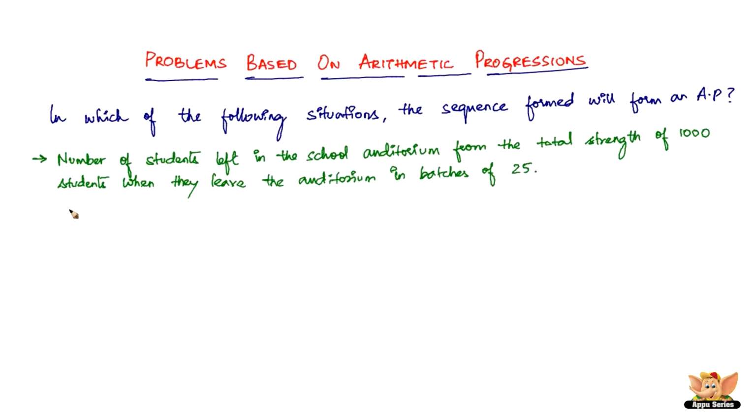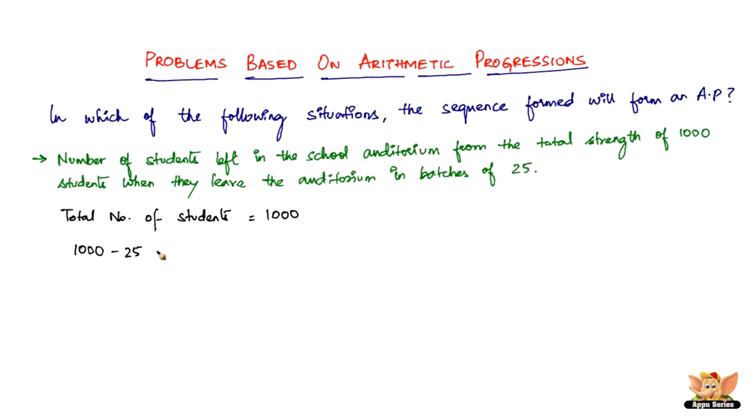So now we have the total number of students, which is 1,000. When they leave in batches of 25, you subtract 25 from 1,000.